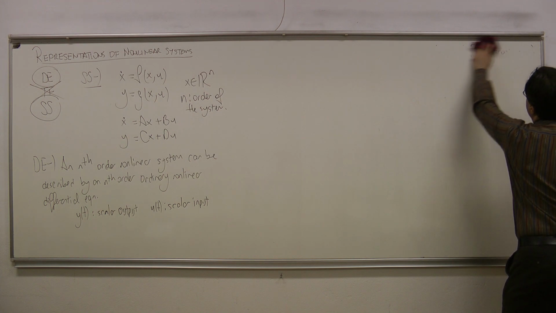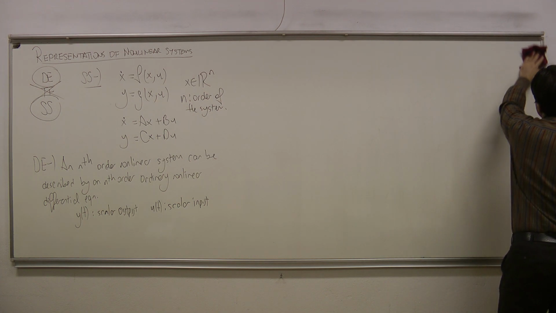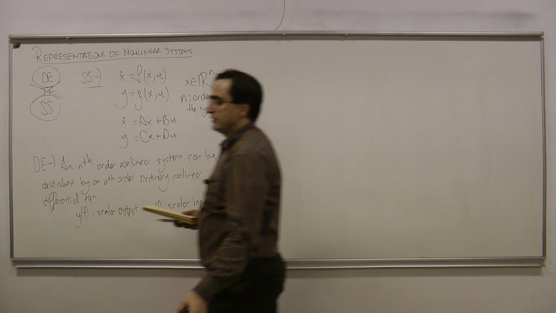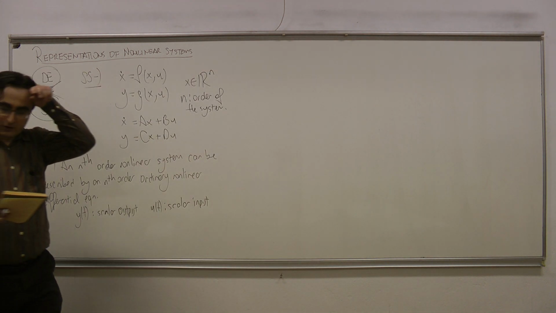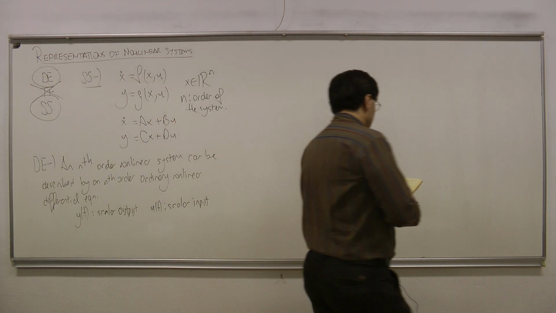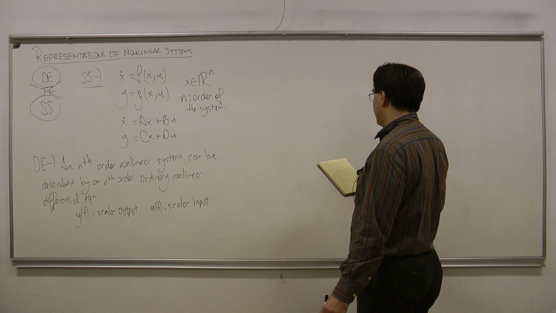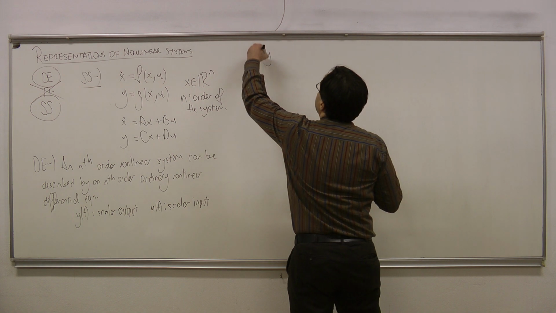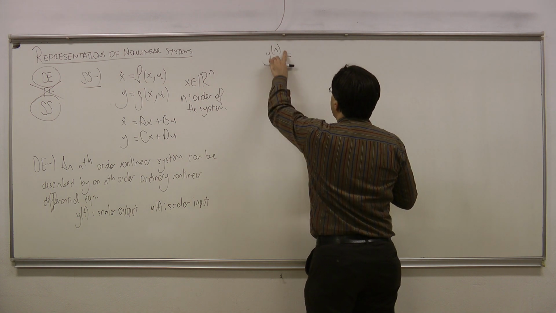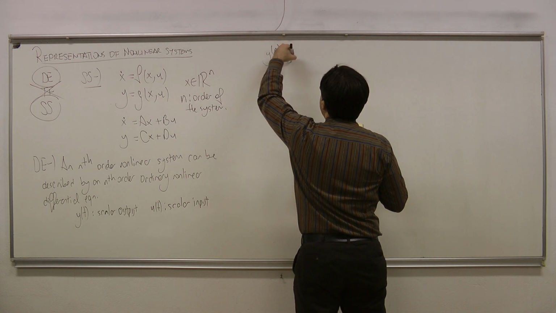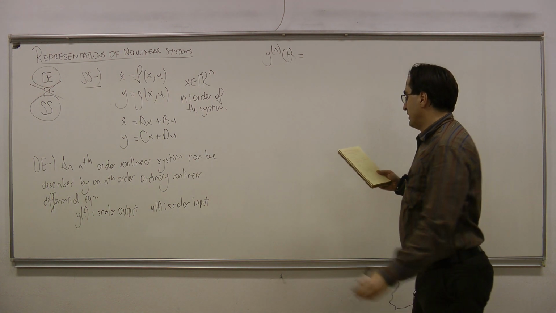So I'm going to now write a nonlinear differential equation, but this is still not the most general case. So there would be still some loss of generality in the differential equation that I write. Here I'm defining y to the nth order derivative of t as follows.